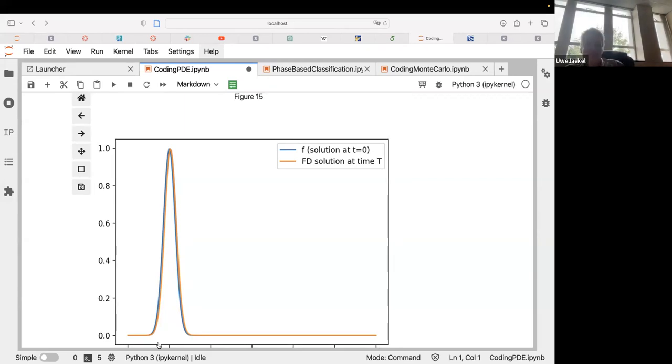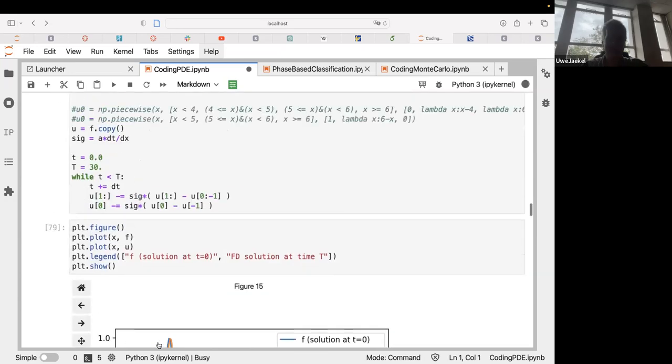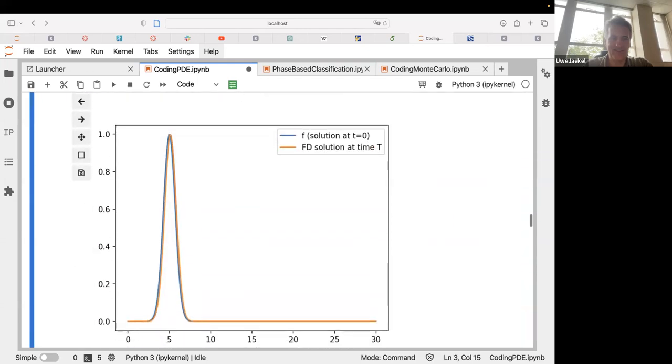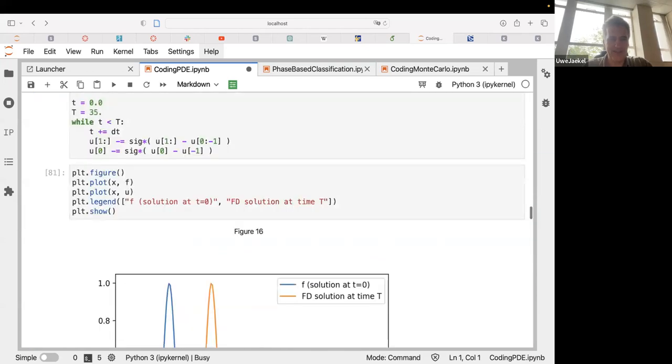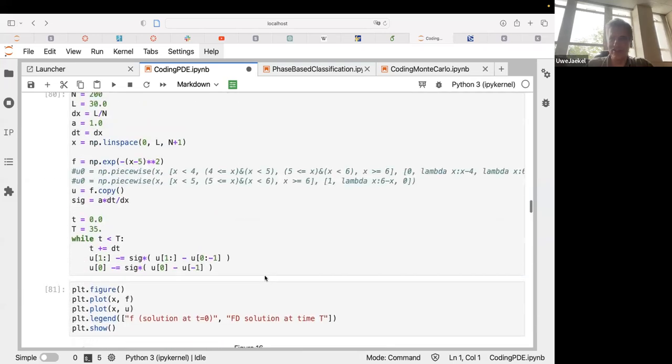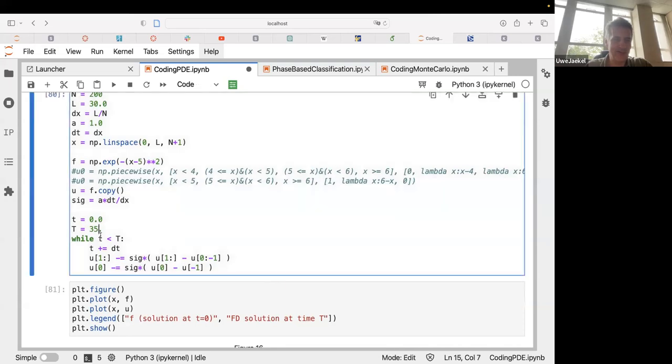They should be exactly the same, and they are pretty close. At 35 it should move forward again, and it would repeat this until eternity.